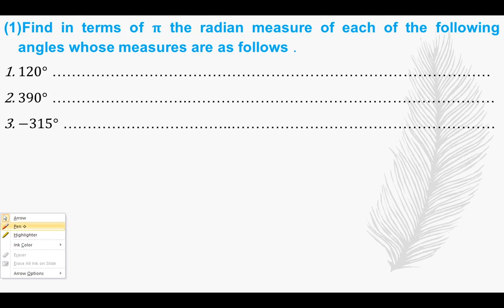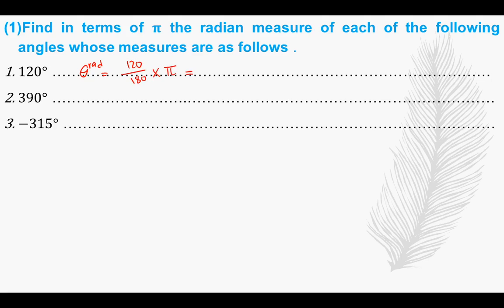To find the radian measure, for 120, we want to find theta radian. So theta radian equals 120 divided by 180 multiplied by pi.